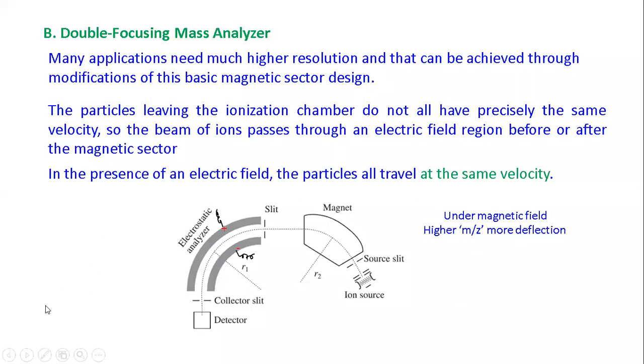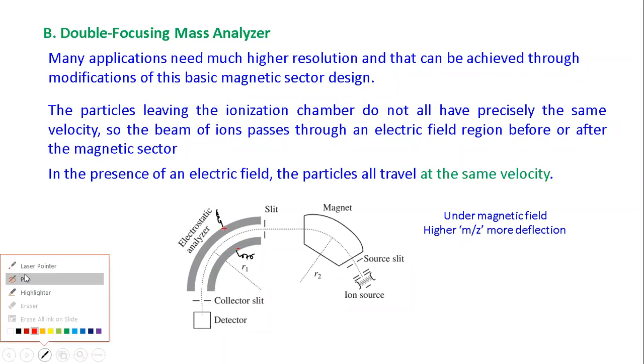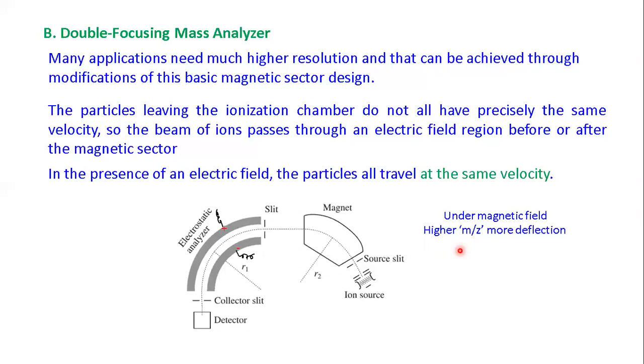Under the magnetic field, what happens? You have a higher m by z, they will have a bigger path, right? So the R value will be more, this R2 will be more for higher m by z ions.